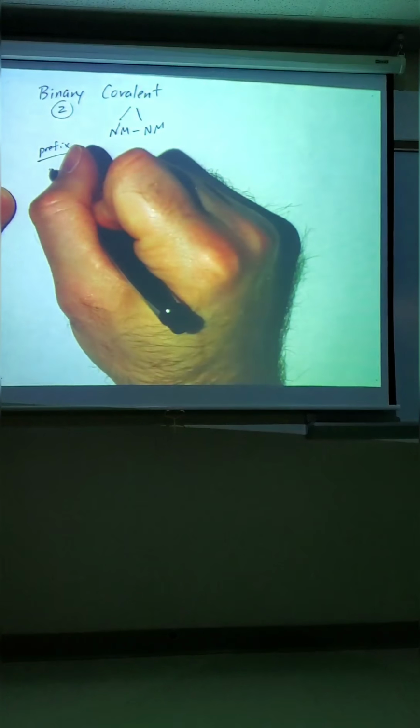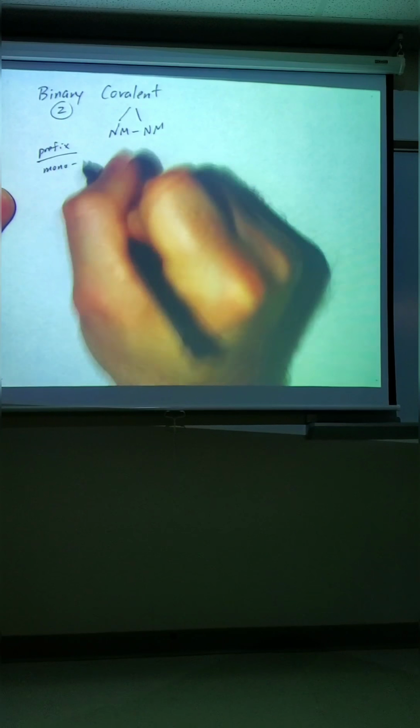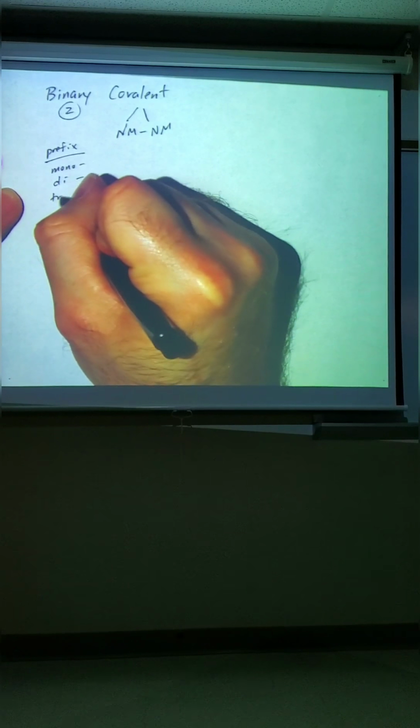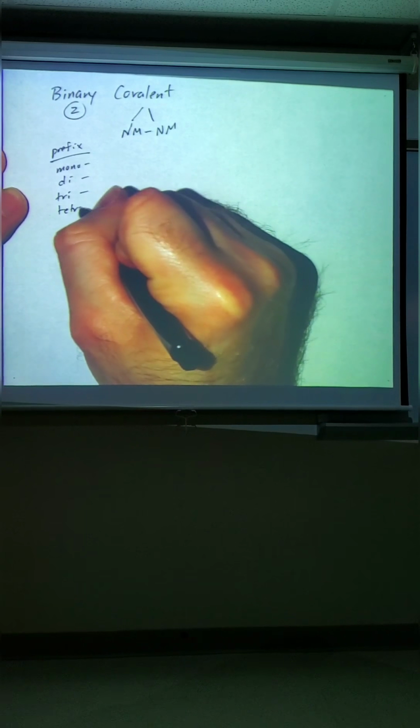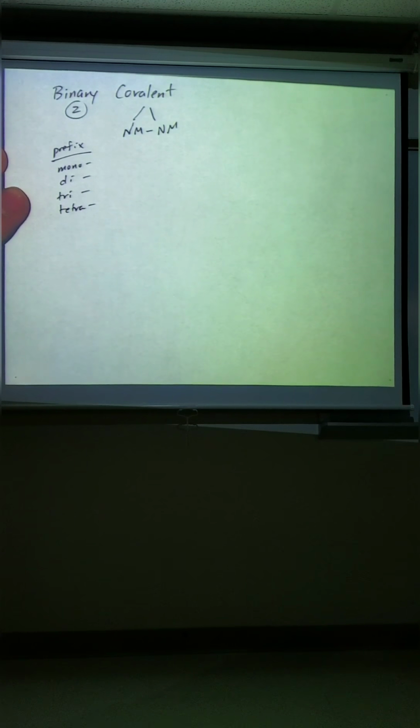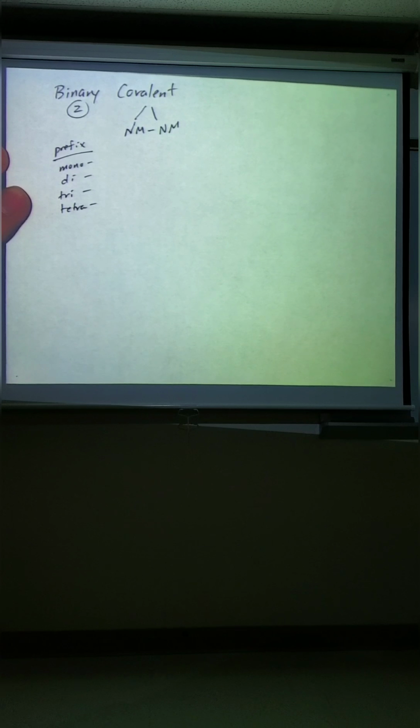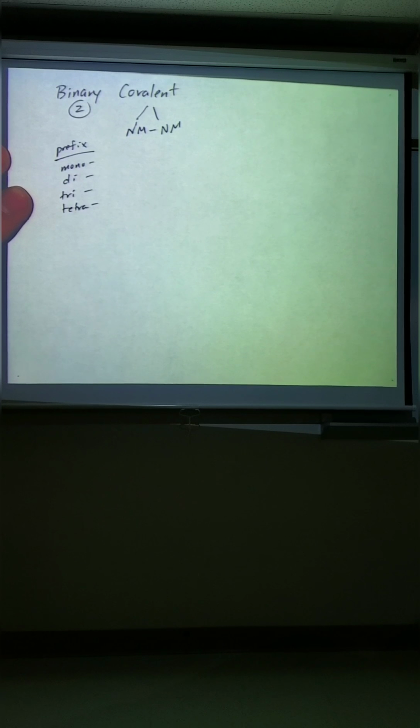But the prefixes we're going to deal with are mono, di, tri, and tetra. These are only used in inorganic chemistry. As you get to organic chemistry, these will change to meth, eth, propane, butane. So we'll see that later in a different chapter.